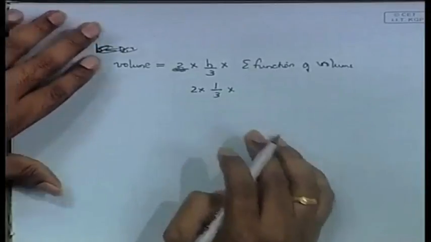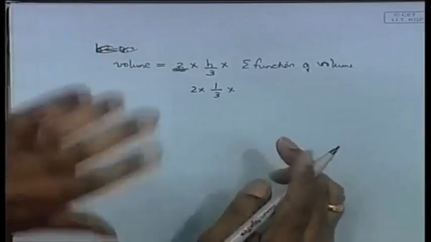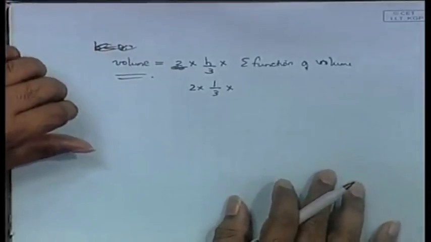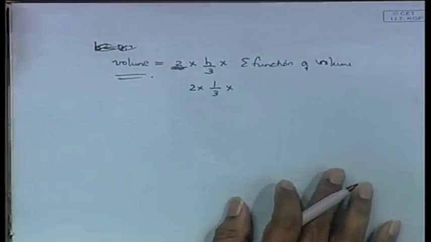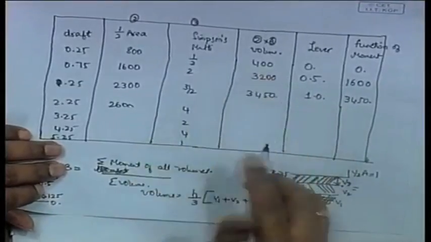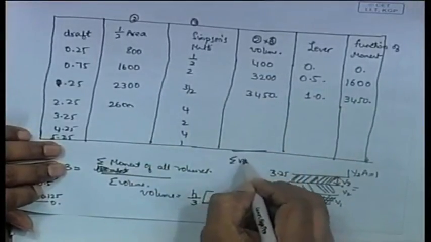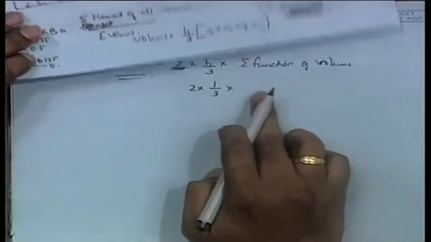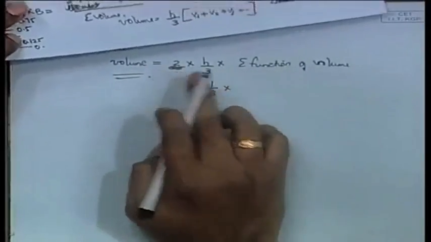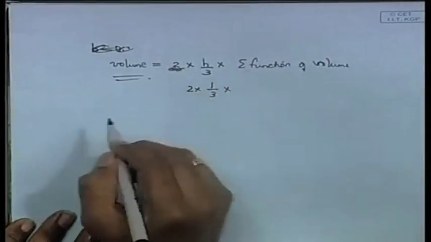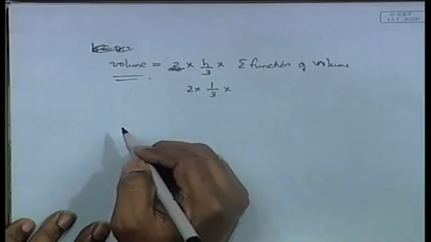That will give you the total volume. Okay, that is the first thing. You find the volume, you know how to find the volume. Volume is equal to h by 3 into the summation of this volume, so sigma function of volume into h by 3 into 2. That will give you the total volume.